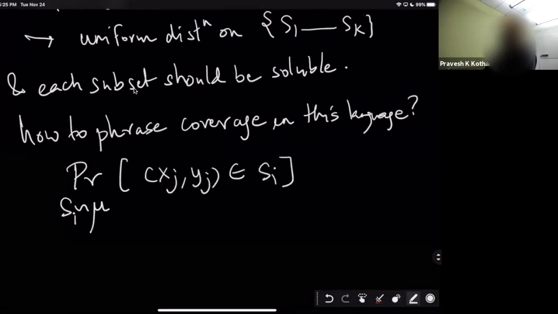For a soluble partition, this probability is exactly equal to what? Because I've been speaking for a long time and I'm not sure if all of you are with me. What is this property? If mu is the uniform distribution on the sets in the partition, what is the chance that a given sample xj, yj lies inside a subset Si picked according to mu?